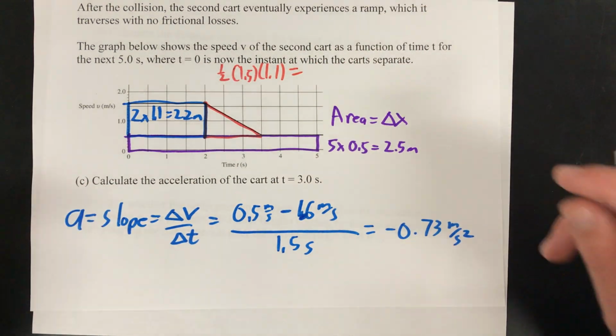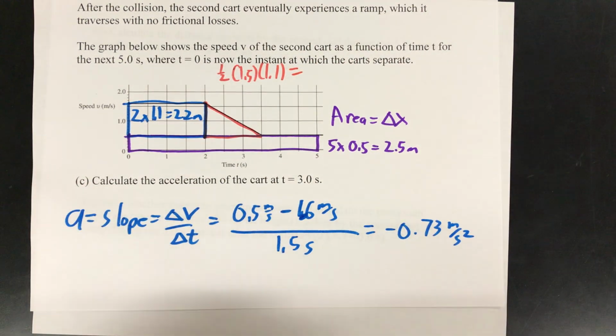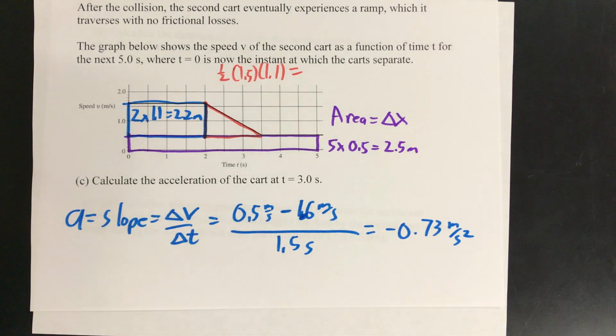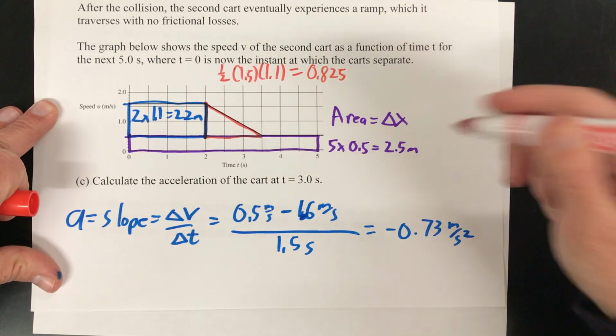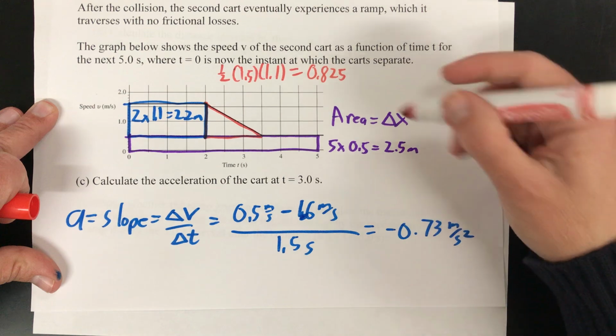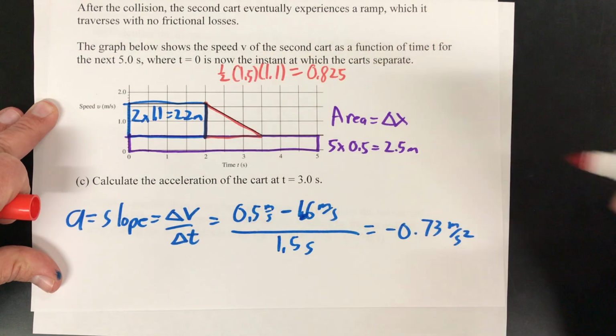And actually, let's see here. I forgot my calculator on this one. Let me grab that real fast to figure out what this is. So 1.5 times 1.1 times 0.5 is 0.825. And so those are our three areas here, 0.825, 2.5, and 2.2.